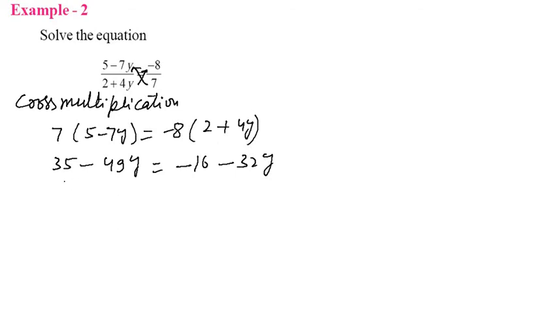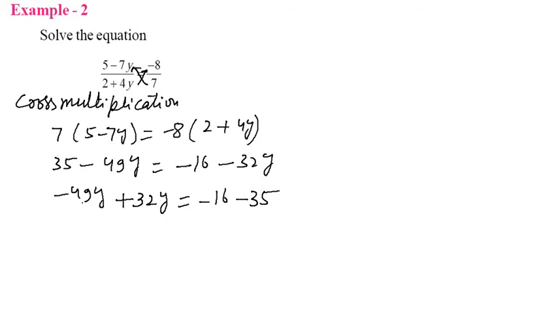Now all are transferred from left to right. Here is minus 49y, and 32y transferred to this side becomes plus 32y, and here is minus 16, and 35 is transferred to the right hand side, so it becomes minus 35.